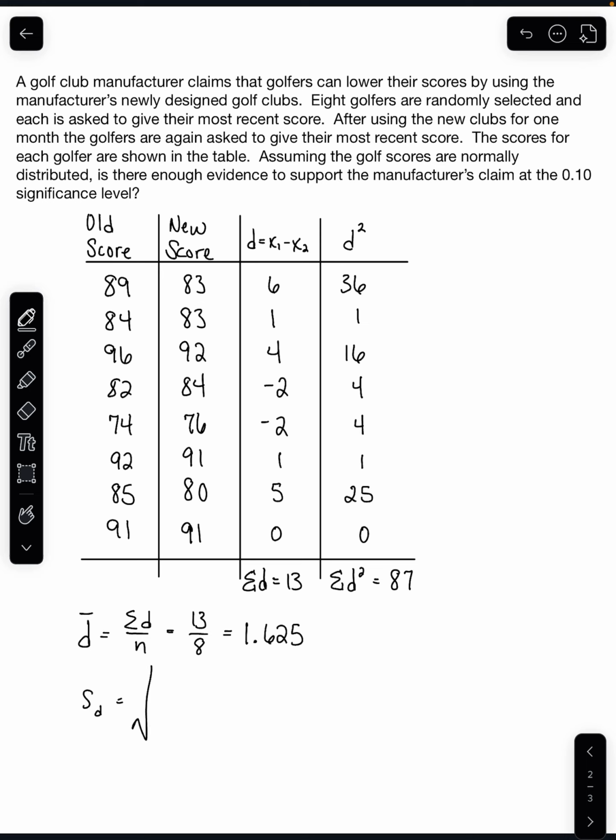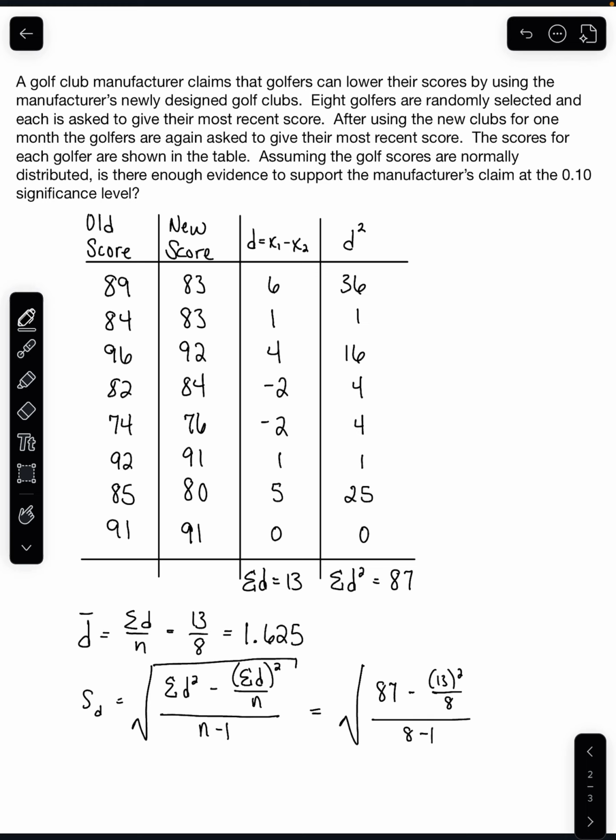So to calculate our standard deviation, we can take the sum of the squared differences minus the sum of the differences themselves, which then gets squared, over n, and then divide that all by n minus 1, which would give us 87 minus 13 squared over 8, all over 8 minus 1.